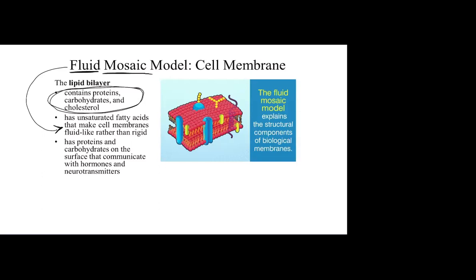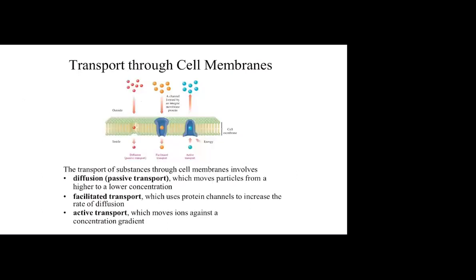Now, let's talk about how things are actually transported into the cell and outside of the cell. So in order to talk about that, we're going to learn the different forms of transport that happen at cell membranes, okay? Let's understand that there are 3 different forms of transport that we're going to talk about in this class.